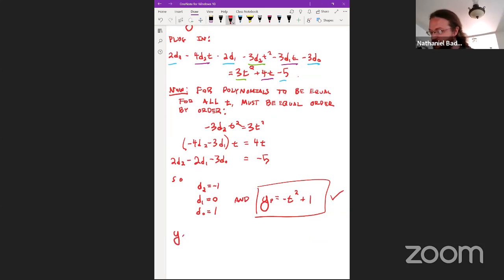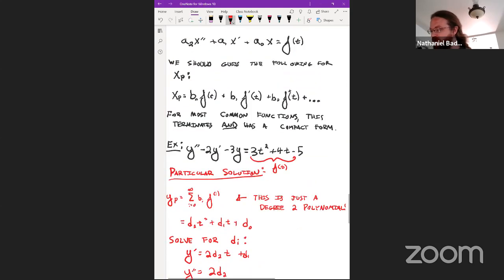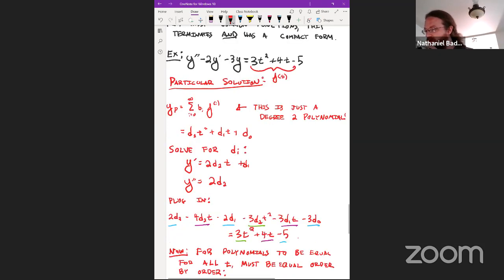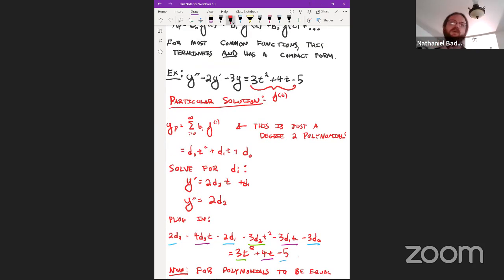And so our general solution is going to be a particular solution plus a homogeneous solution. So it's going to be minus t squared plus 1. And then our homogeneous solution, again, we can just squint at this and say, what's it going to be? Well, what are our factors? Minus 3 and 1.